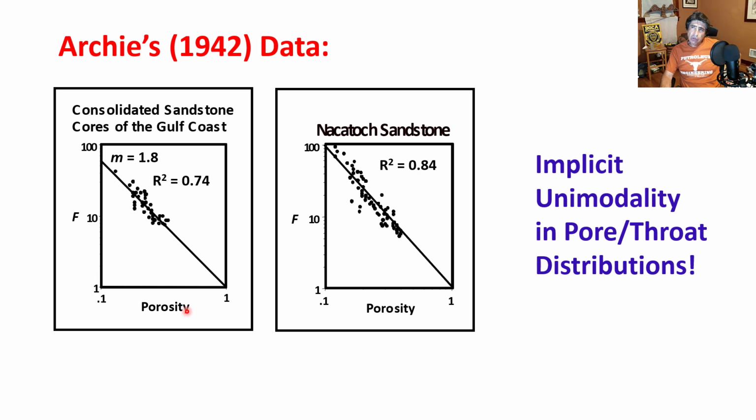Certainly, if I draw an analogy with Archie's equation, one of the things that we saw is that the m exponent, the porosity exponent in Archie's equation, can be assumed to be very constant over a wide range of porosity for a clastic rock. And this is very commonly the case when you're in the same class of rocks in a clastic sedimentary sequence.